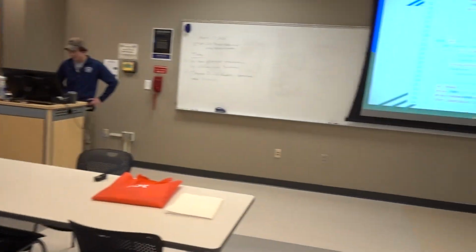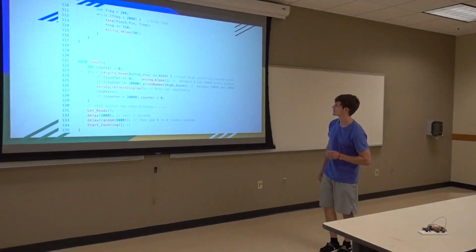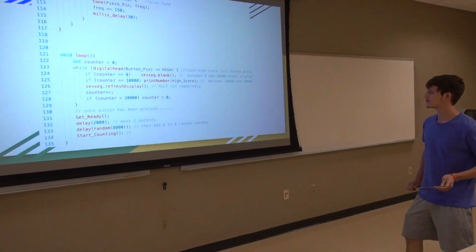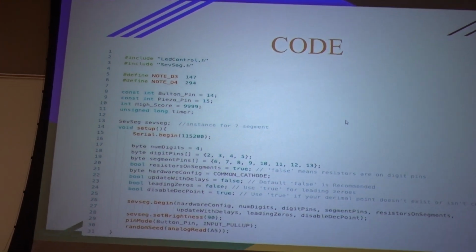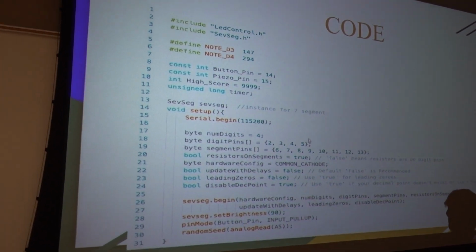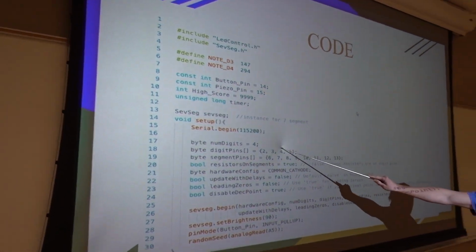Almost. Other questions? I have a question. I was probably playing the game when you went over the code, but can you describe how you did the code for saving the high score? You can explain the code a little bit, because the audience should understand what you are doing. So up here we're telling you which pins we're using on the board.